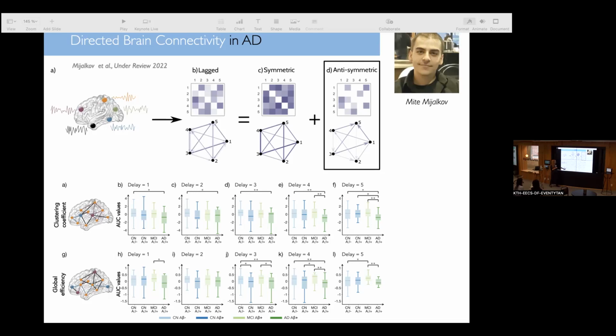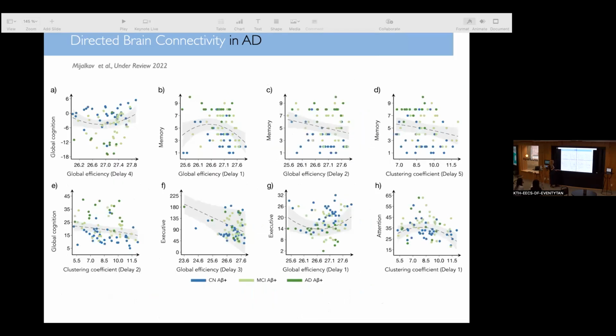And he was able to detect many differences across different Alzheimer's disease continuum groups across different delays, which also happen to be very closely associated with cognition, such as attention, executive functions, and memory. And by the way, this paper is no longer in review. It has been accepted by Alzheimer's Research and Therapy.